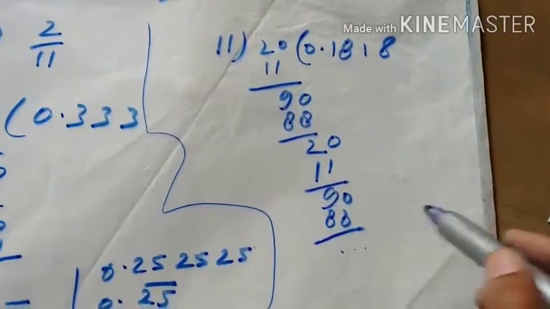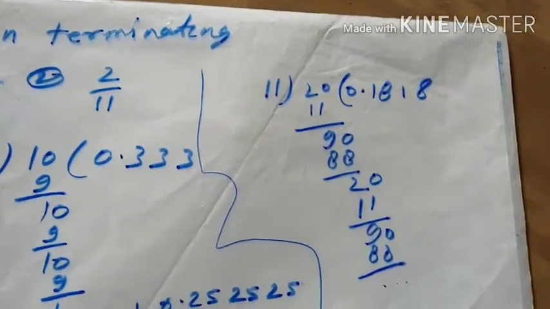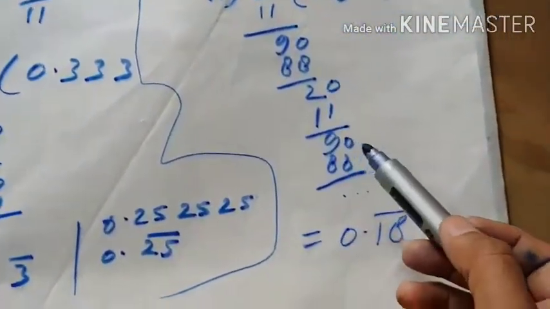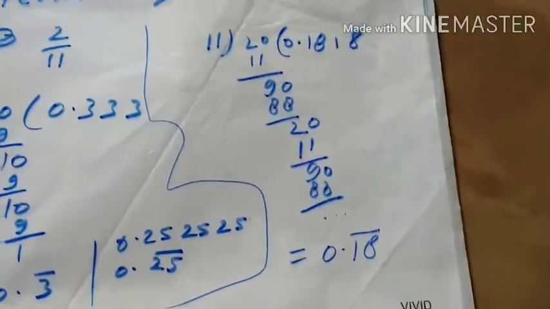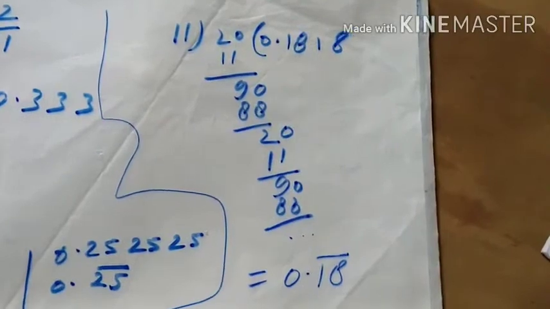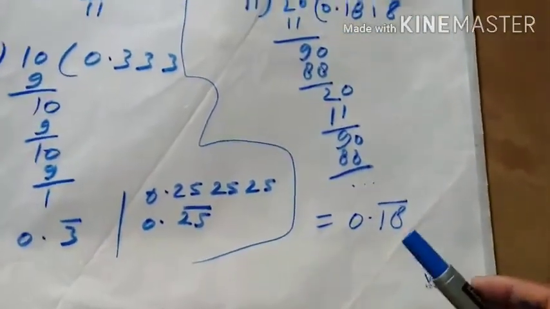So no need to divide it, just write here 0.18 bar. Why? Because 18 is repeating each and every time. So it is non-terminating repeating, or it is also pronounced as recurring, non-terminating recurring.